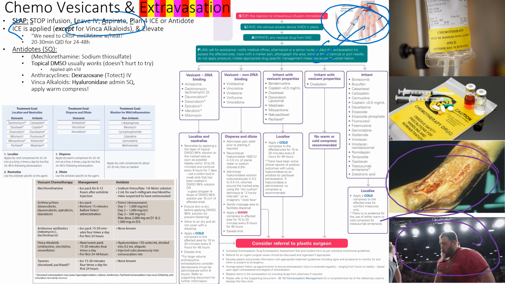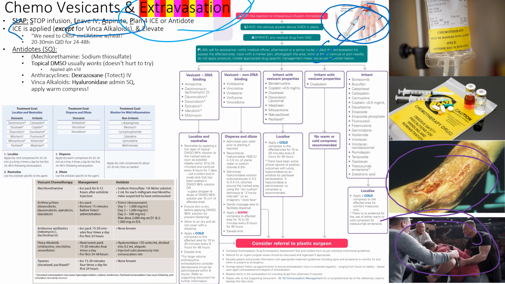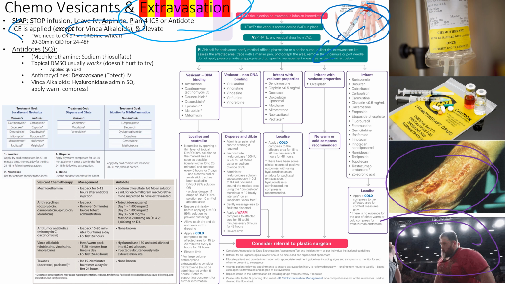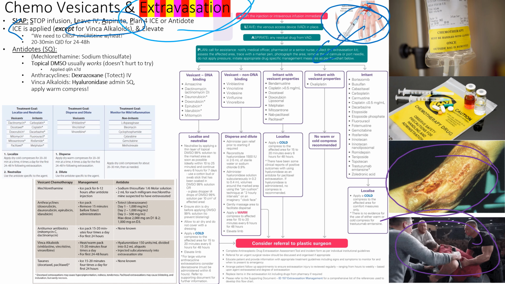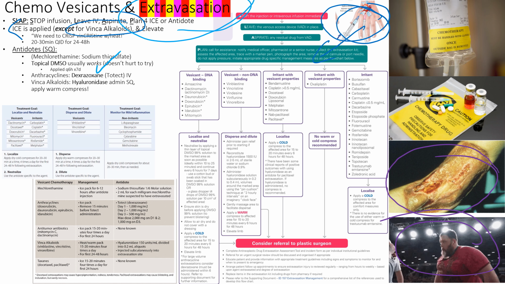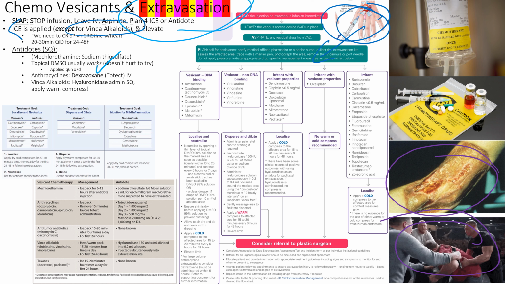And whenever you see extravasation here, in this little fire color, that's going to be on our different tables. That usually means these things are going to carry over, right? Dexrazoxane, you should already remember from the first slide. That's for your anthracycline antibiotics.